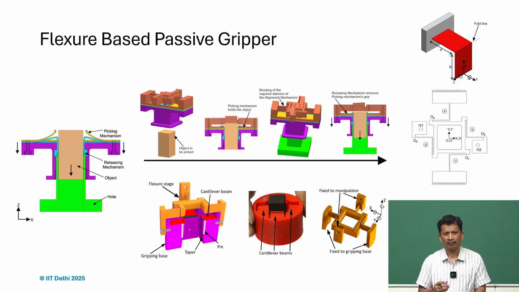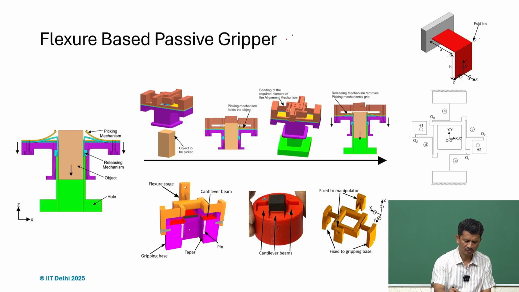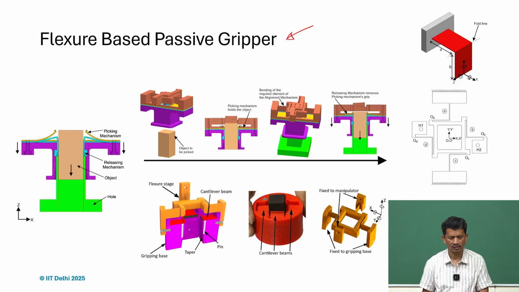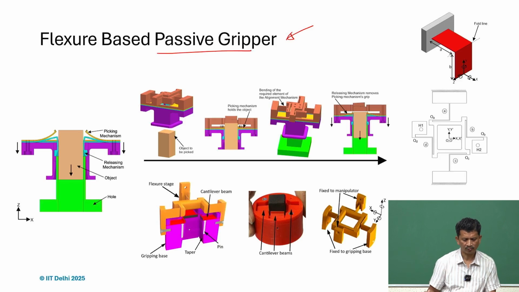And very often we see these things embedded in the designs, so we should be able to appreciate that as well. So for instance, in this case, one of the initial work, and some student worked on it, we have designed a flexure based passive gripper for robotic application, for pick and place application.